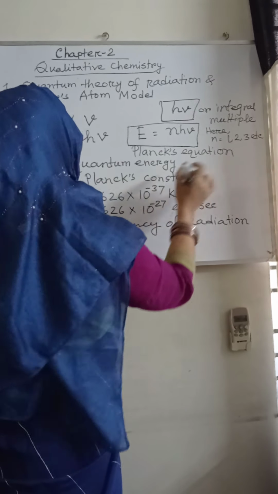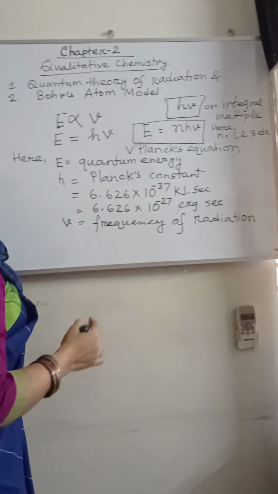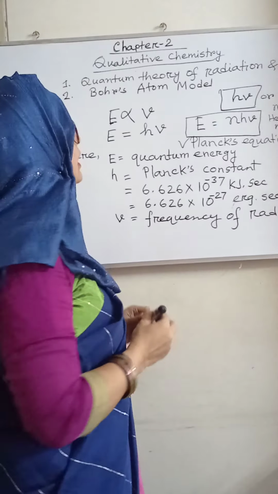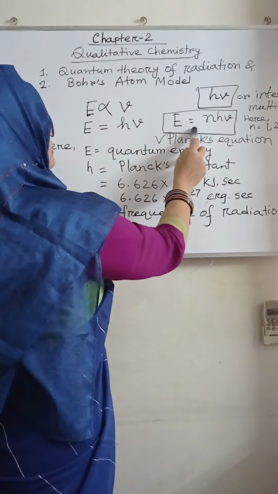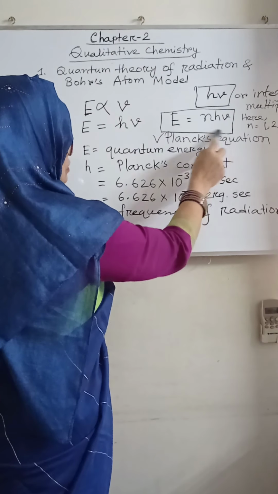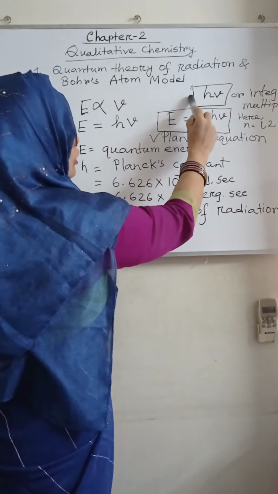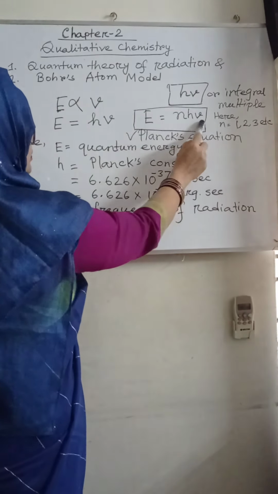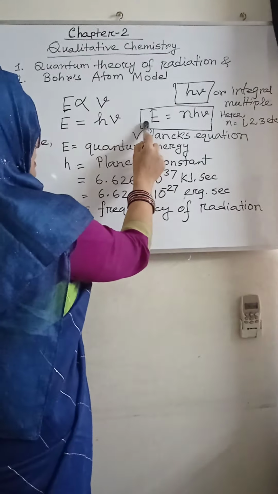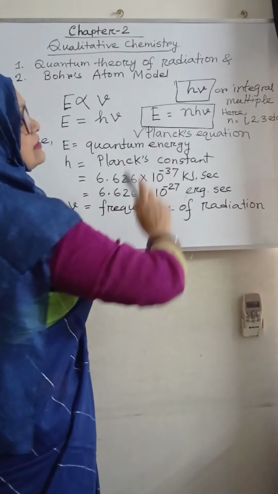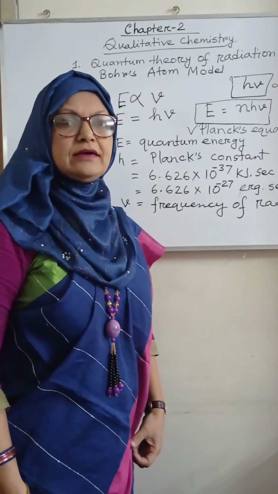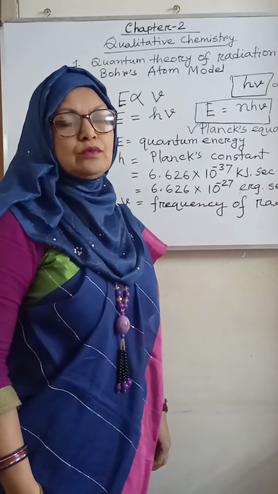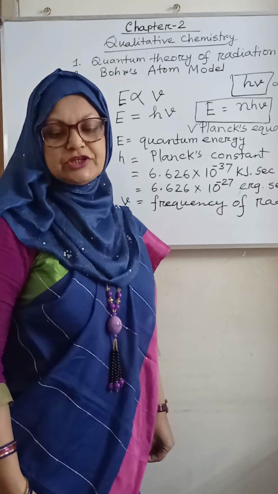Any emission or radiation of energy takes place discontinuously in the unit of h nu or its integral multiple, that is, quantum energy equals n h nu. I think all of you have understood the quantum theory of radiation.